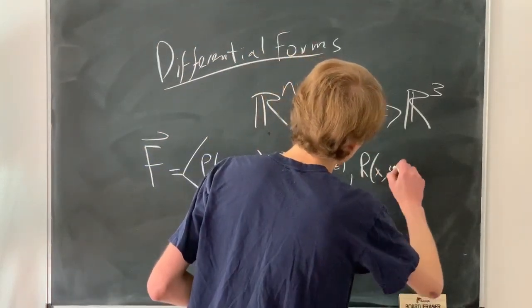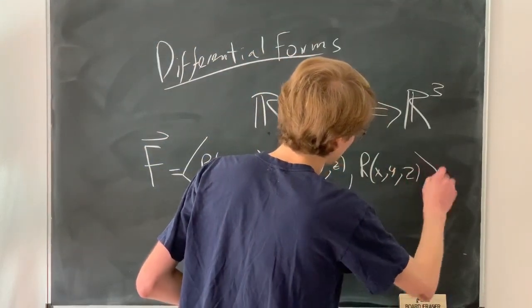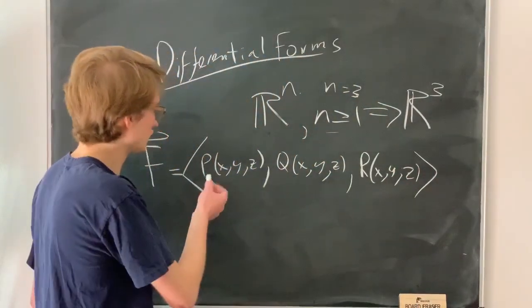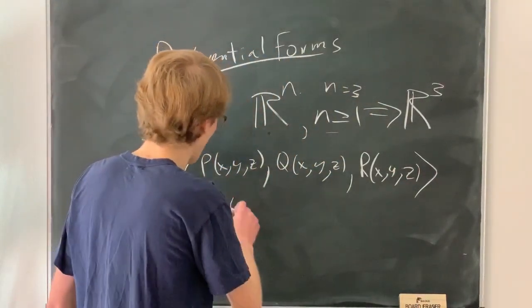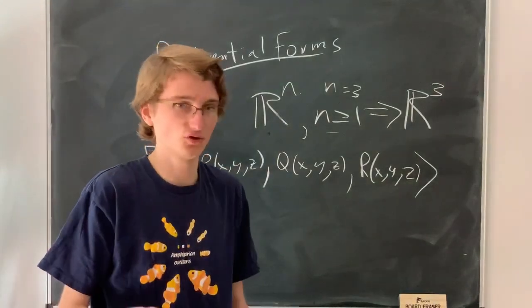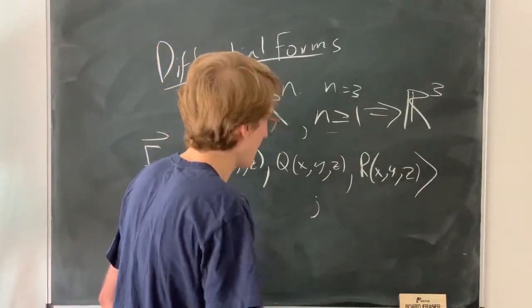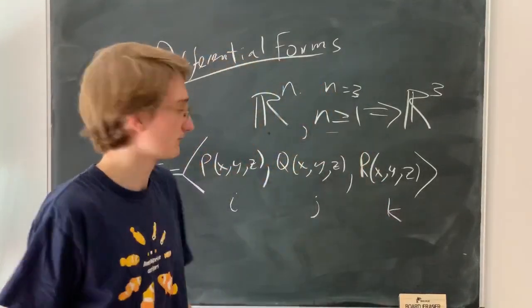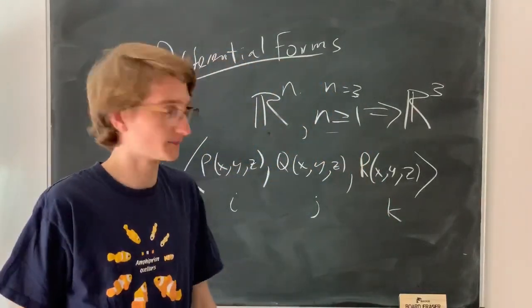And if you notice from when I was talking about differentials, the common nomenclature is using p for your i, if you're used to unit vectors, q for your j, and r for your k, in terms of x, y, z for vectors.